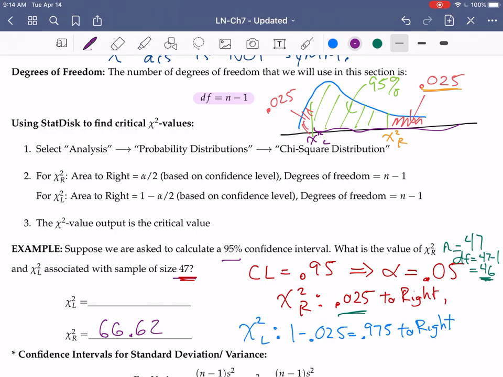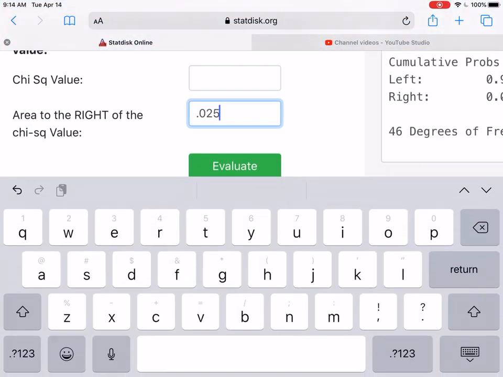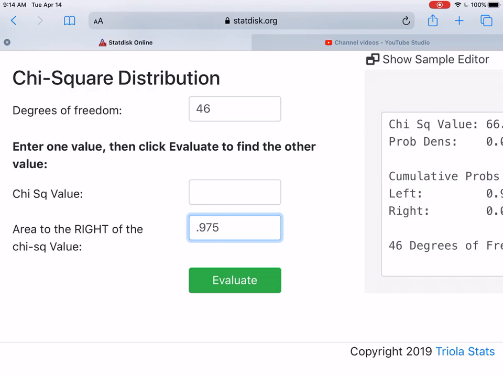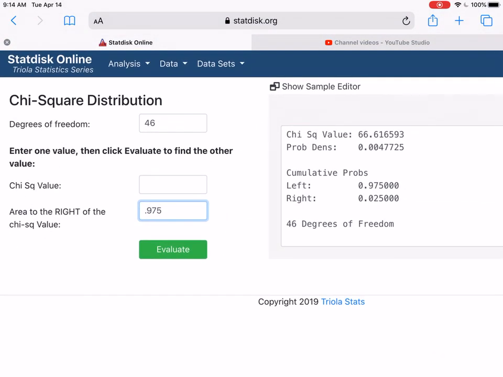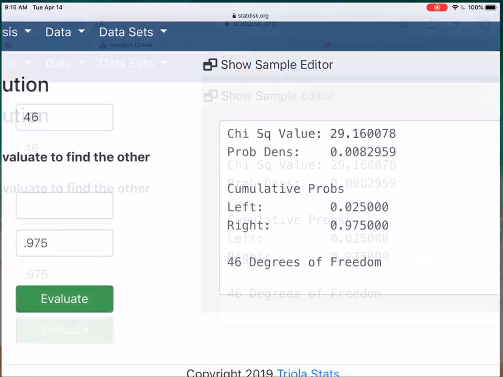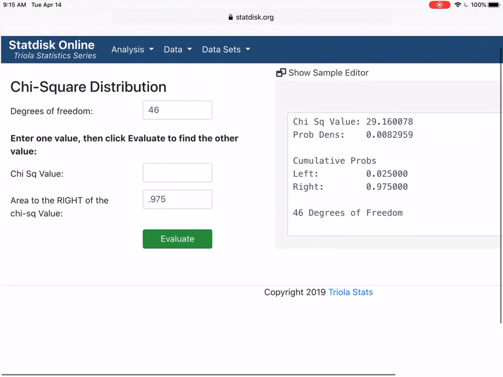For that left critical value, we have 0.975 to the right of the value that we want. Still have those 46 degrees of freedom. So we evaluate that, and there we get 29.16. That chi-squared value, that is the critical value, 29.16.